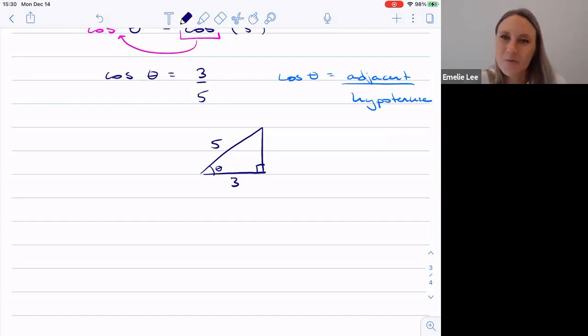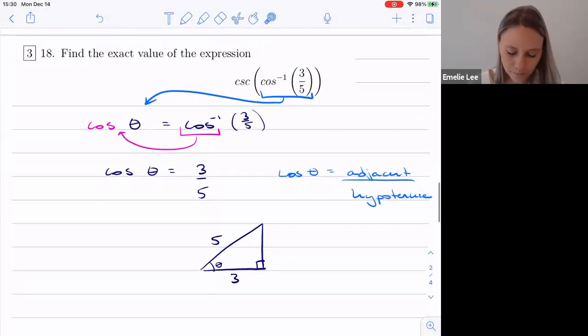Now we're back to the Pythagorean theorem to try to figure out what this side is. And then what we can do is kind of go backwards, and it feels weird. But we remember, okay, well, we let theta be the inverse cos of 3/5, but then we also used the 3/5 to set up our triangle. If we're just letting this whole chunk be theta, the angle, then I can find the cosecant of this angle.